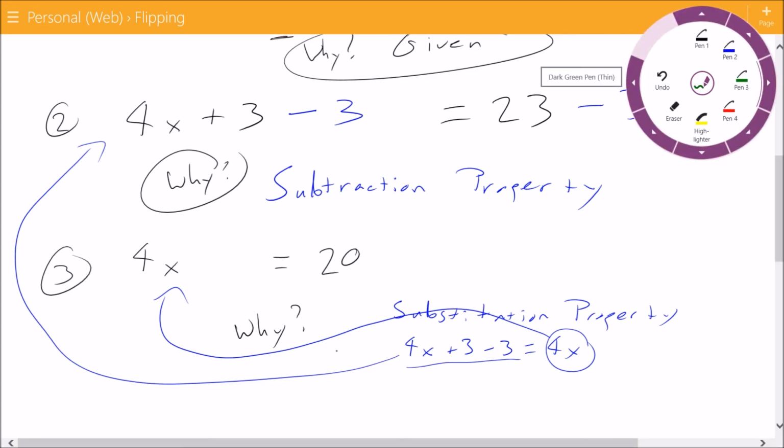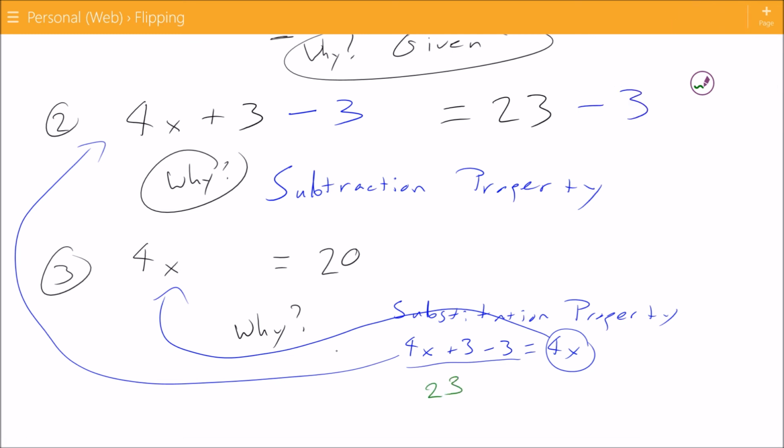Similarly, I'm just going to change up colors a little bit here to make this clear. I know that 23 minus 3 is equal to 20. So again, right here, this 23 minus 3 is the same thing that I had here. I'm going to replace that. I'm going to substitute, substitution property, with this 20 right here.